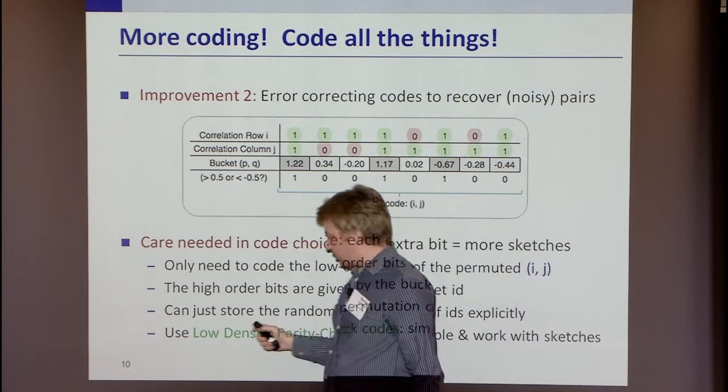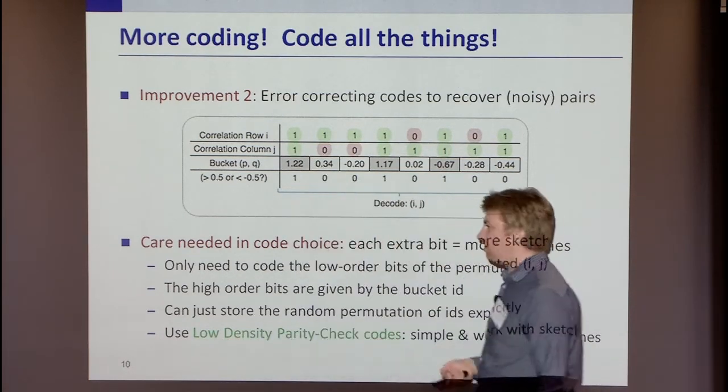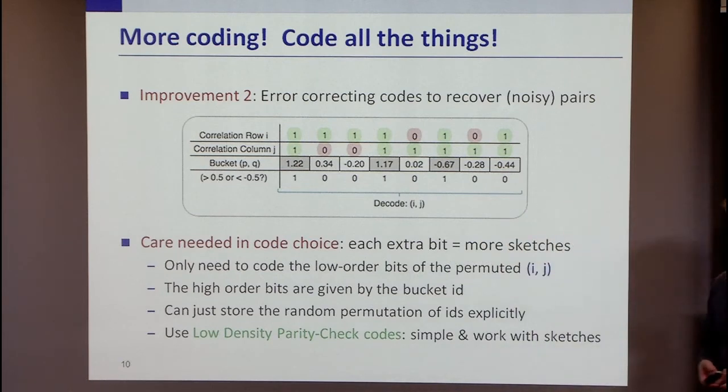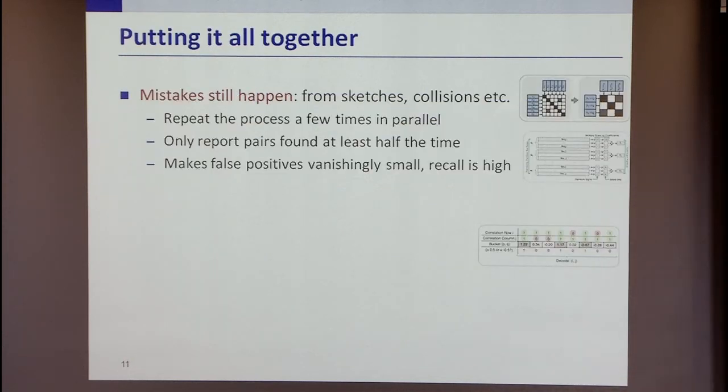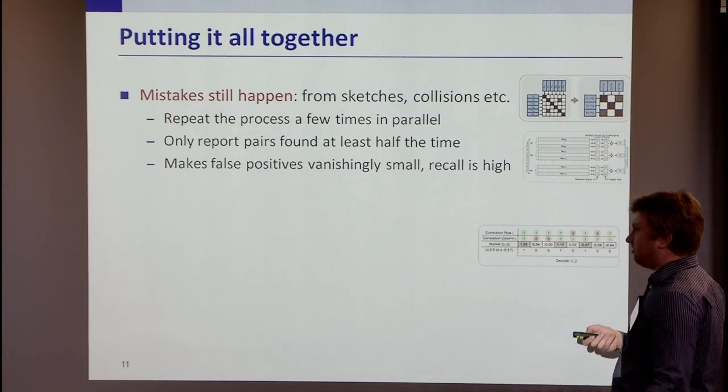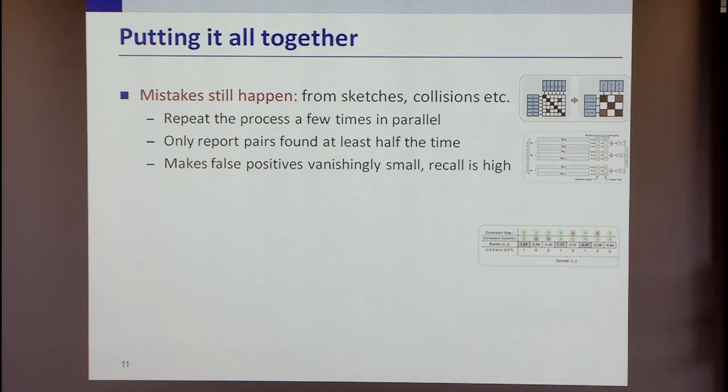The construction of codes that seems to work well, in that we can actually implement it, is based on low density parity check codes. And that's nice, it's clean, it's simple, and it works well with the sketches. That's the outline. There are quite a few details to fill in when you actually do this. You still get errors. So you do the usual tricks that people in sketching and randomized algorithms do.